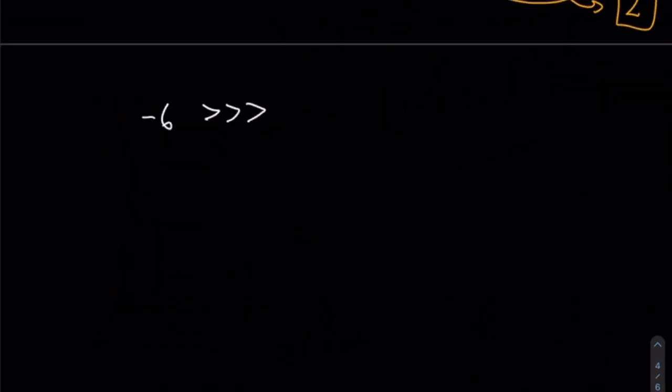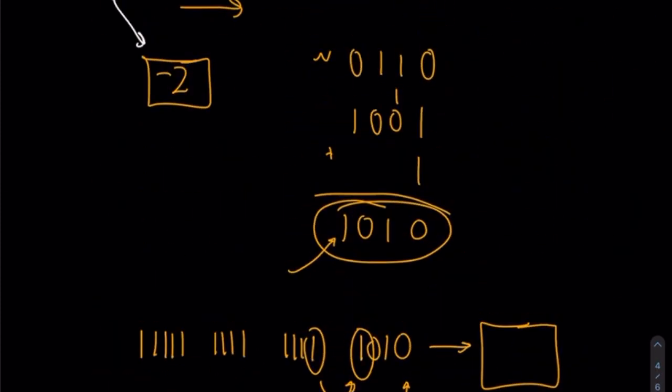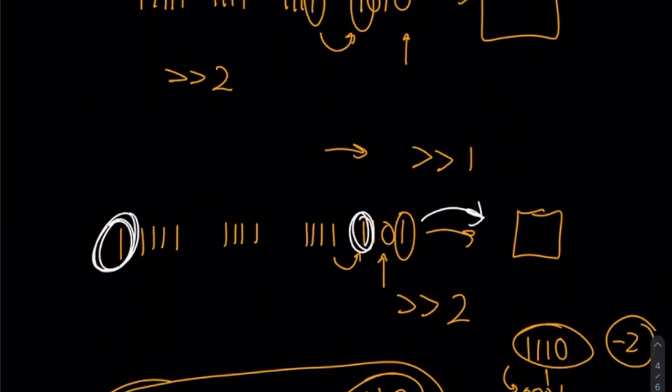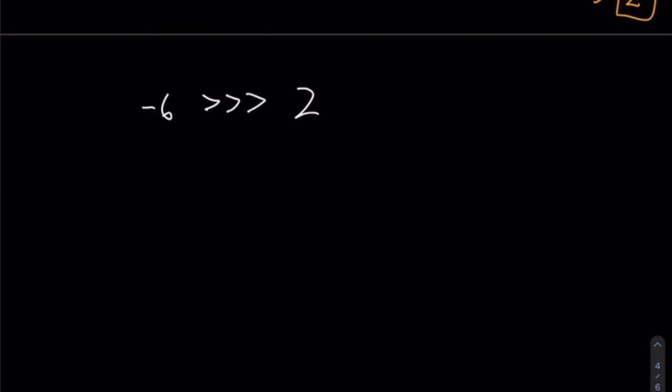So this will make more sense when we actually do it, but let's use the same numbers that we used from this signed right shift operation where we did -6 right shift 2. Now this is going to be unsigned, and it distinguishes from signed in that there's another extra right shift operator.